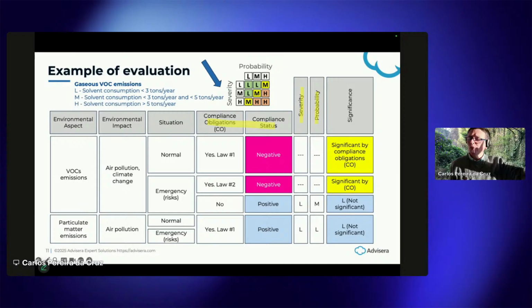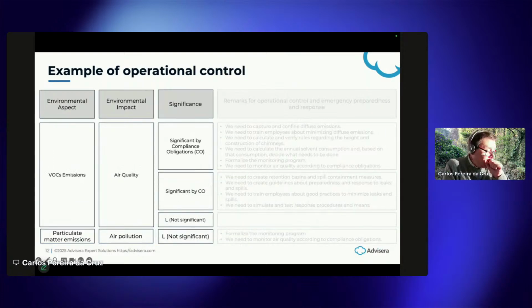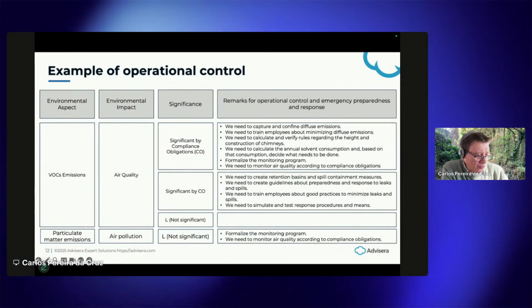So now, significant. What are we going to do? This shows how with this kind of register we can include almost the whole management system here. From the previous slide, now let's see the remarks for operational control and emergency preparedness and response. We need to capture and confine diffuse emissions.